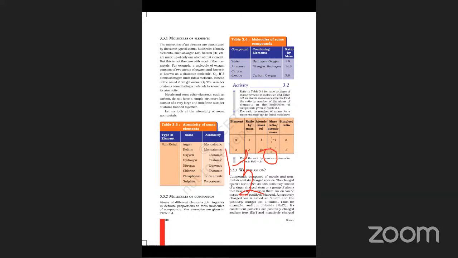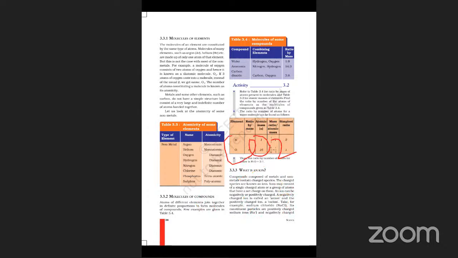As we have already discussed in the law of chemical combinations, the compounds get formed in a particular ratio by mass. So hydrogen is 1 and oxygen is 8, so you will get 1 to 8. Same way, if I'm talking about ammonia, nitrogen and hydrogen, so nitrogen is 14 to 3, like that.